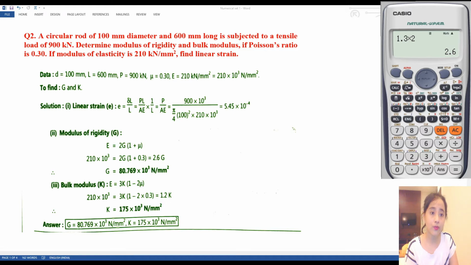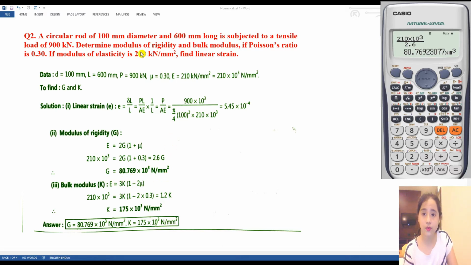So from here G will be equal to 210 into 10 raised to power 3 divided by 2.6. So we get 80.769 into 10 raised to power 3 Newton per mm square. So we got the value of G.